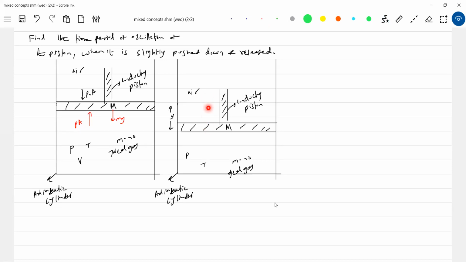Then the pressure here will become P dash. And as this piston is conducting, let the gas undergo an isothermal process. Then the temperature remains constant, the volume is going to change. So what are the forces acting here? P dash A, mg, P naught A, and it will accelerate. We have to find out the time period of oscillations of this piston.